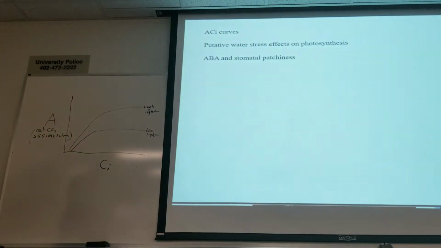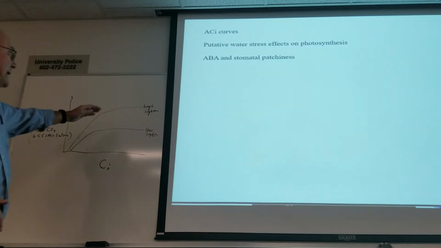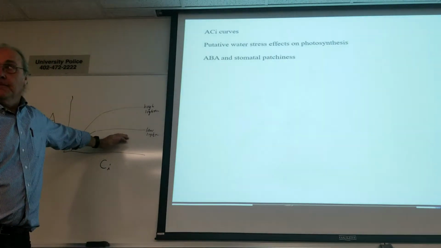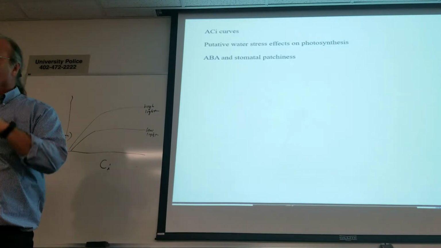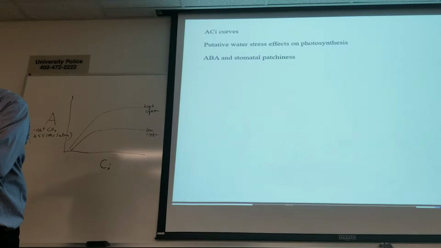We're already past their level of influence when we're looking at the A-CI curve. So the fact that light alters this A-CI curve is an argument that light has an effect directly on the process of photosynthesis, independent of its effect on the stomata.